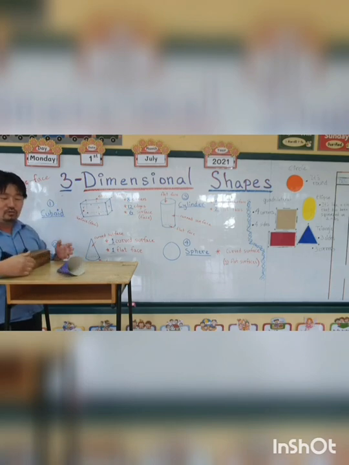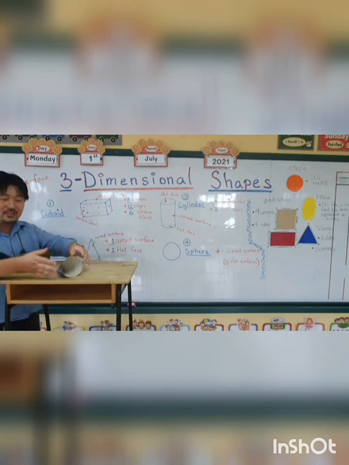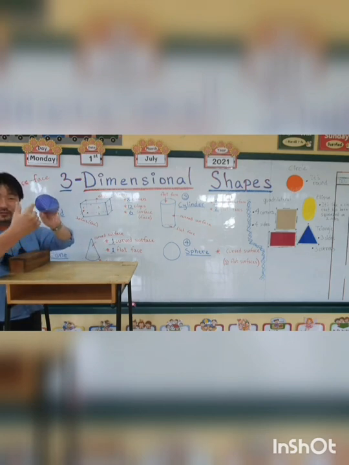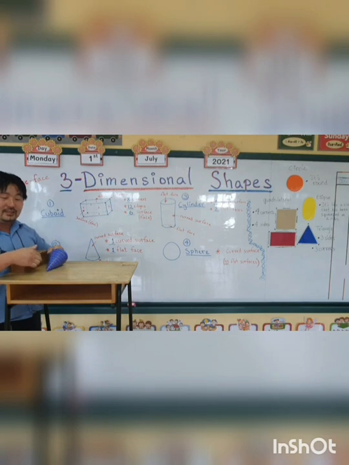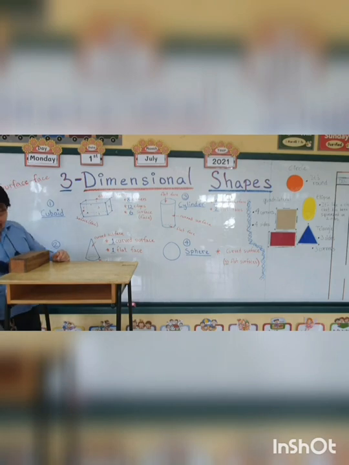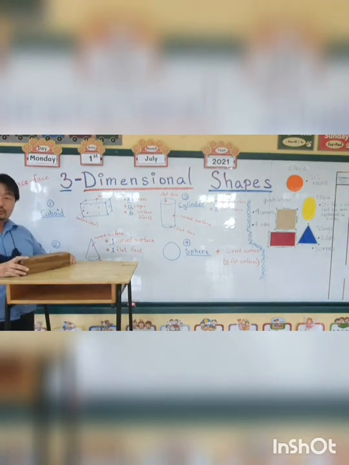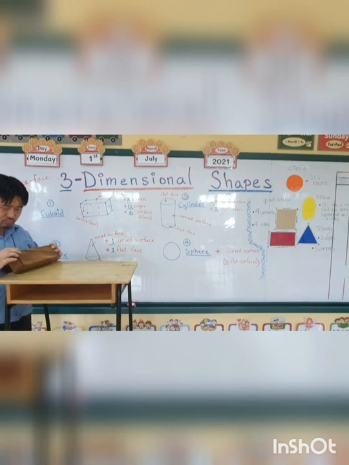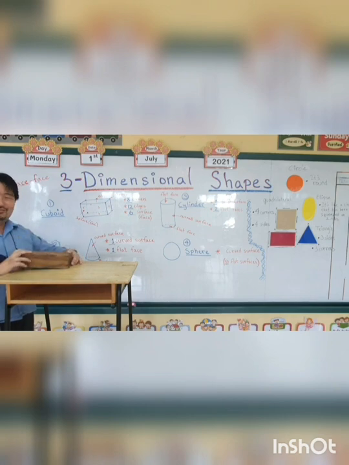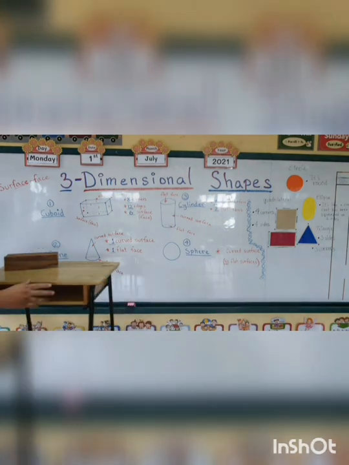Yes, it can roll. It doesn't roll straight because of the shape of the curve, but it can roll. You see, it is rolling. And lastly, the cuboid. Can it roll? No. The cuboid cannot roll. Okay?